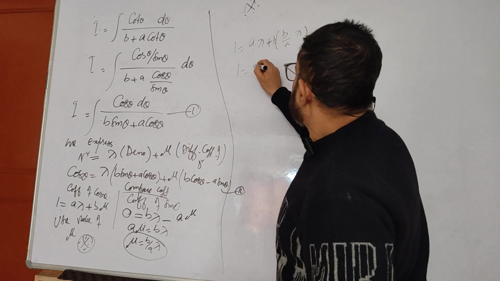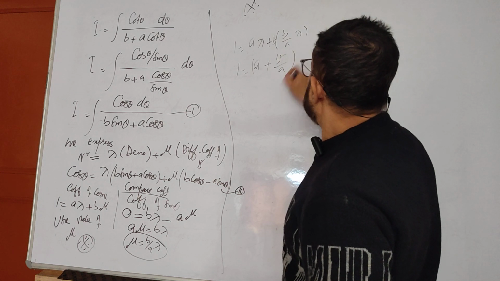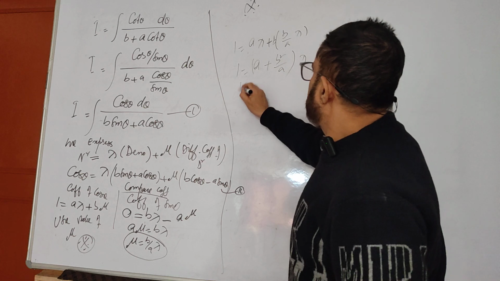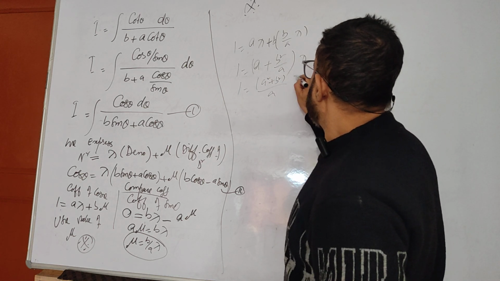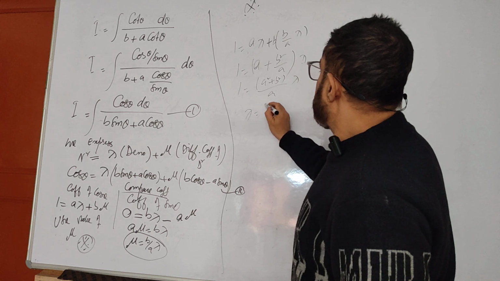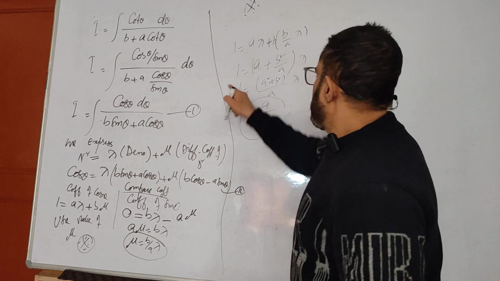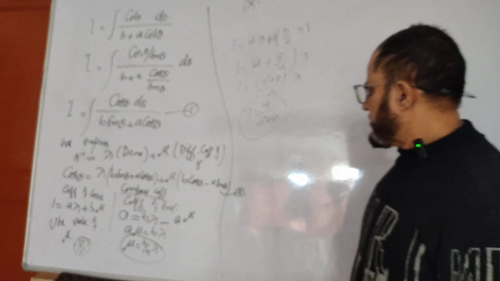It is 1 is equal to a plus b square by a, lambda is out. It is 1 is equal to a square plus b square by a lambda. That gives lambda is equal to a upon a square plus b square.